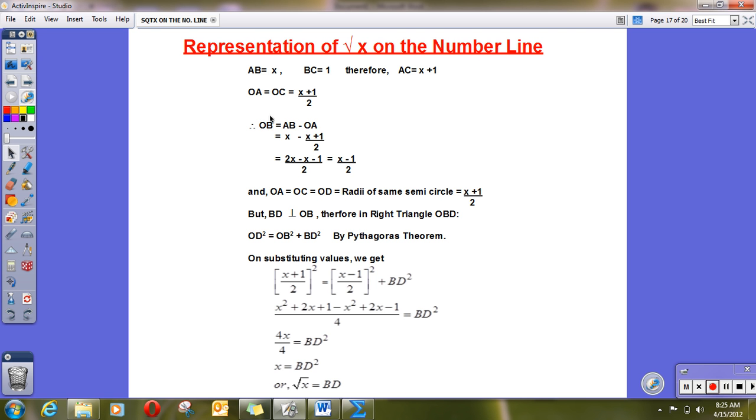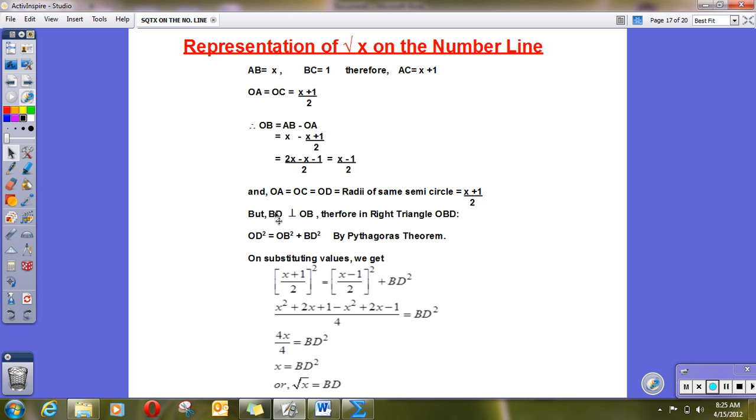You may keep referring to the figure drawn in your copies. So OB is equal to AB minus OA. We know AB is x and OA is (x plus 1)/2. So on solving it, we get OB is equal to (x minus 1)/2. We also know that OA, OC and OD are radii of the same semicircle, so they are all equal to (x plus 1)/2.